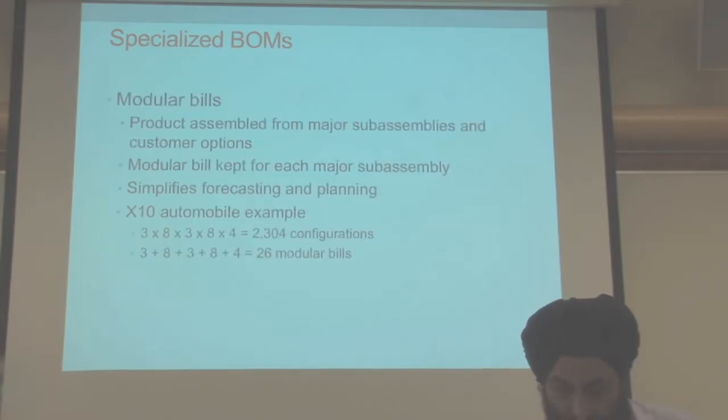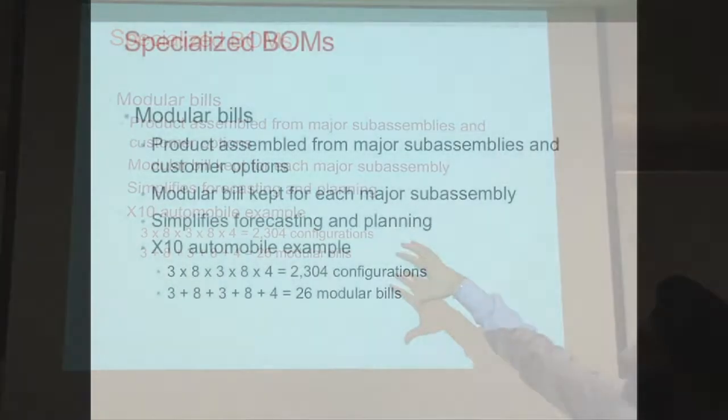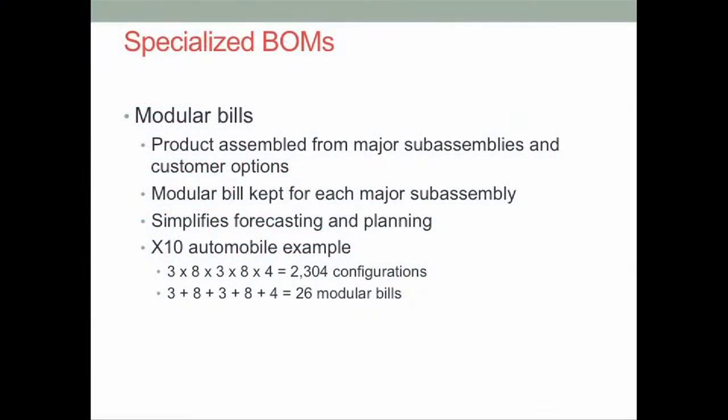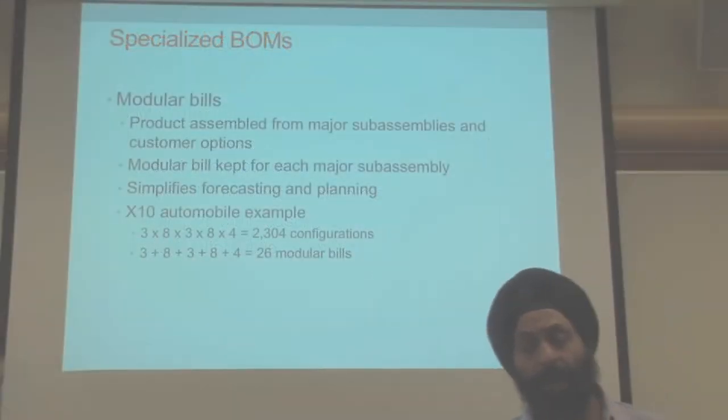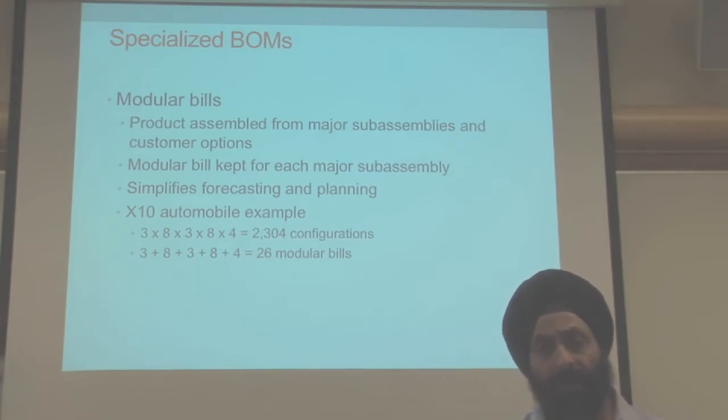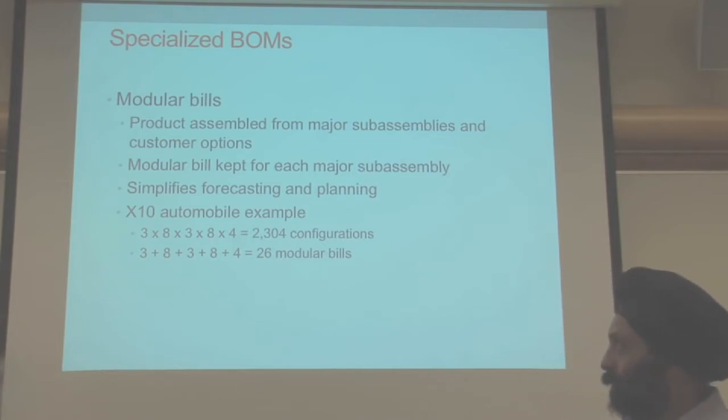Other variations of that are the modular bill, which is a product assembled from major sub-assemblies for customer options. A key example will be the computer industry like laptops, etc., where the choices of video screens or the operating systems are pretty well defined into separate modules, 2 or 3 options that are available to the customer. So they can easily mix and match and create their own particular unique laptop in this case.